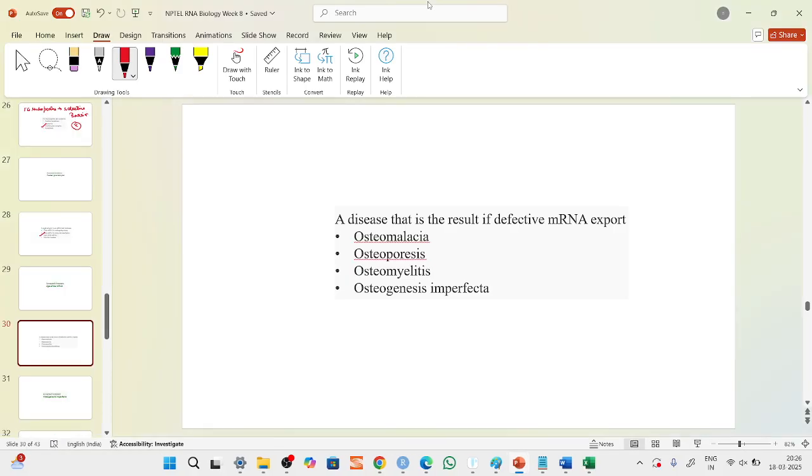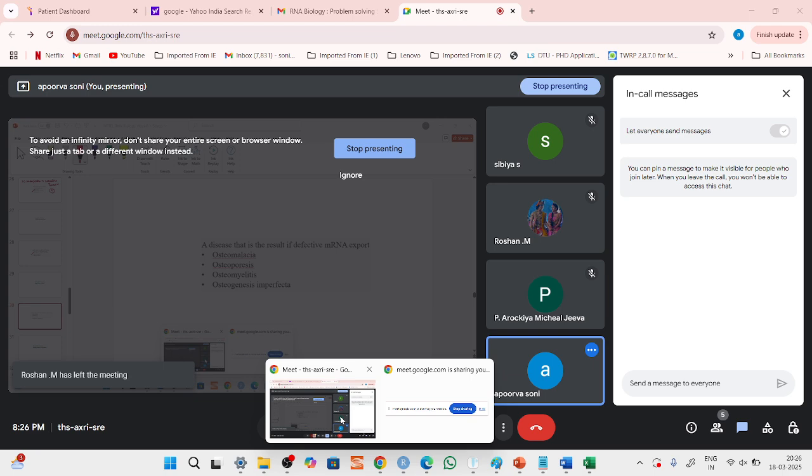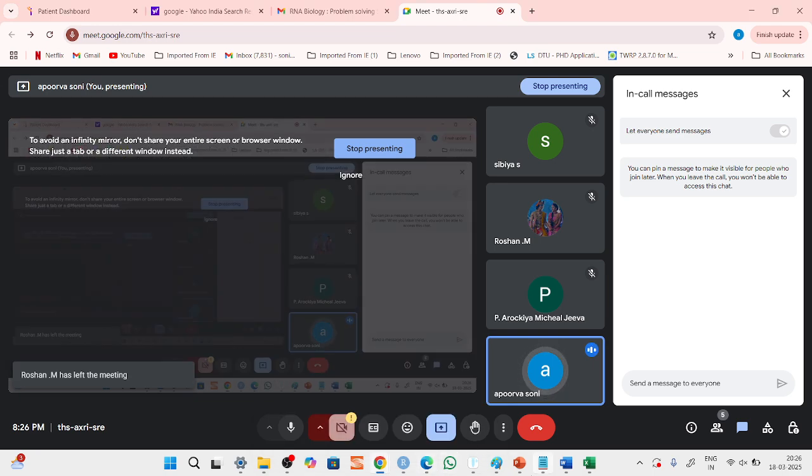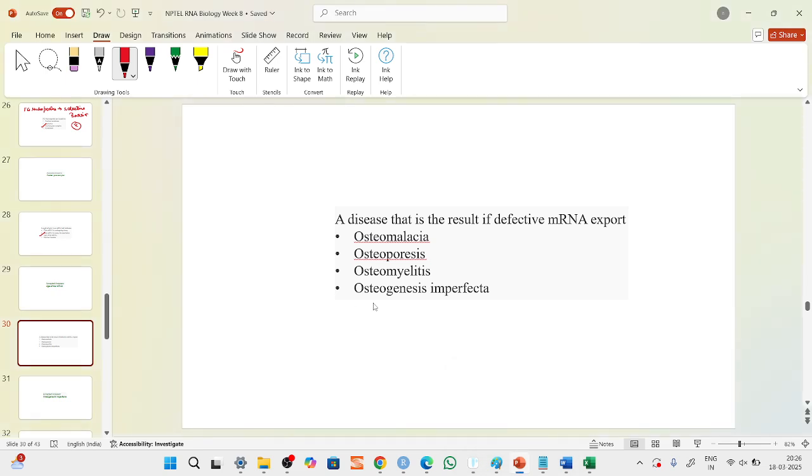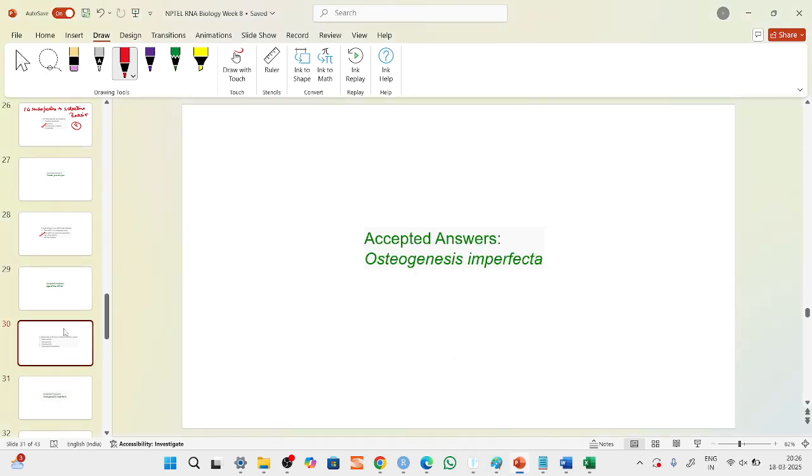Okay, now I'm switching the screen. Nobody has answered even now. Disappointing. Anyways, the correct answer is osteogenesis imperfecta.